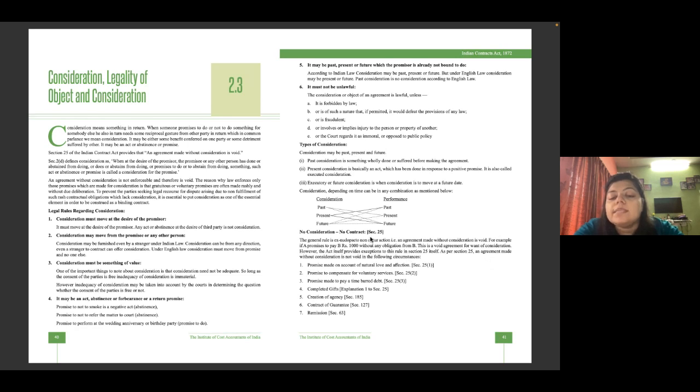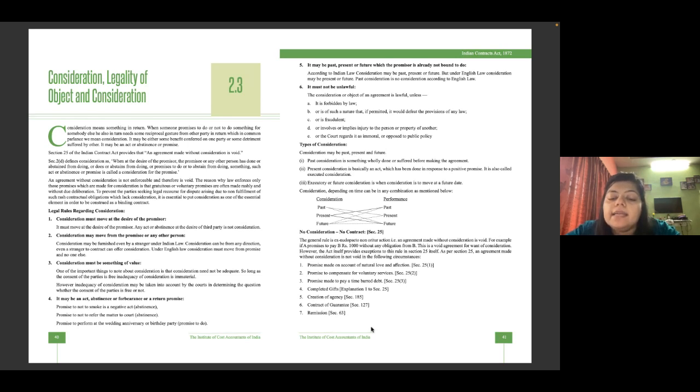If I make a promise on account of natural love and affection, or if I chose to do flood relief in a certain place but now I want to come and ask for money instead, then such considerations will not be part of any agreement, and those agreements will not convert into a contract.